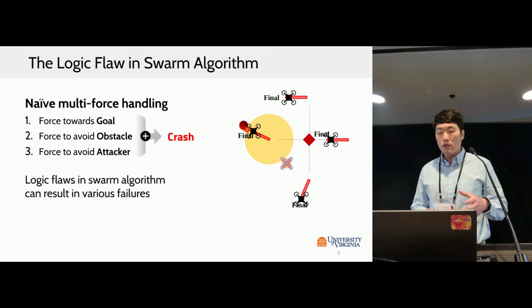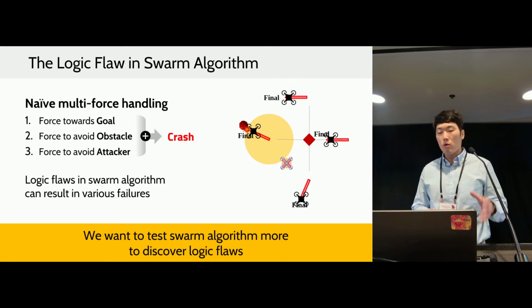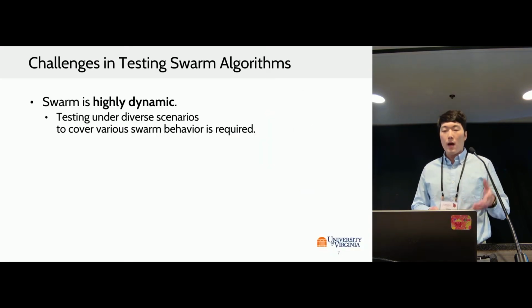Such types of logic flaws are supposed to be discovered early on. So we want to test the swarm algorithm more to discover logic flaws. However, testing a swarm algorithm is not easy. First, a swarm is highly dynamic. So to test swarms effectively, it's desirable to run tests under diverse scenarios to cover various swarm behaviors.